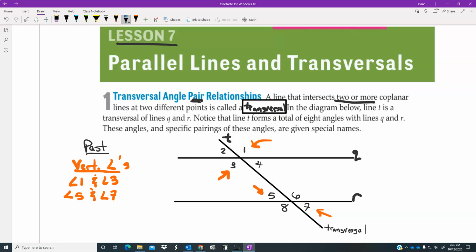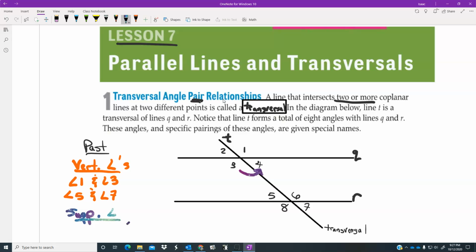Now another one that we've possibly seen, and I'm going to erase those arrows so you won't get them confused. What if I picked a couple of angles that were right next door to each other, like next door neighbors, like these? Those two, since they make a straight line, or make 180 degrees, would be an example of supplementary angles.